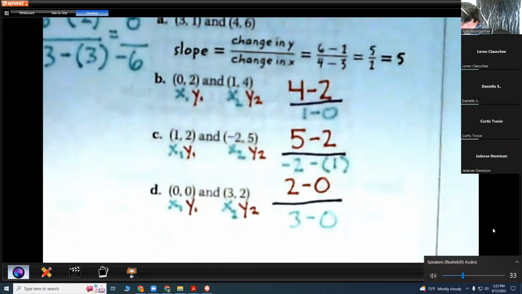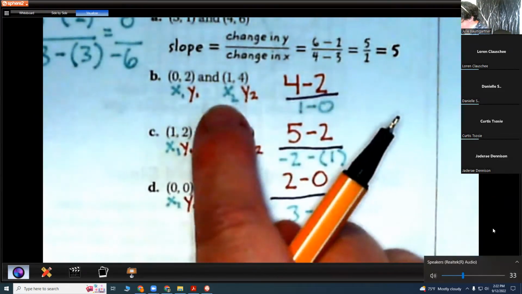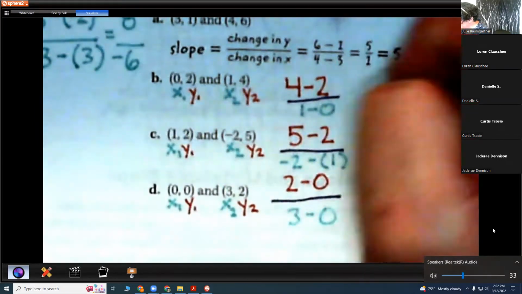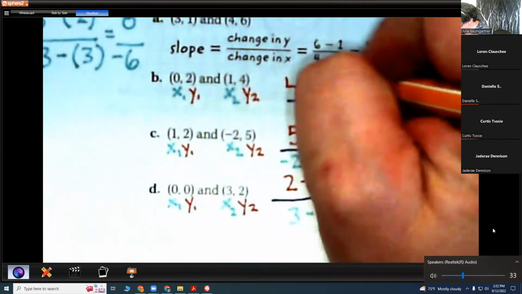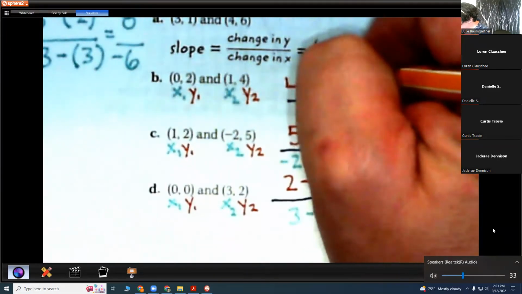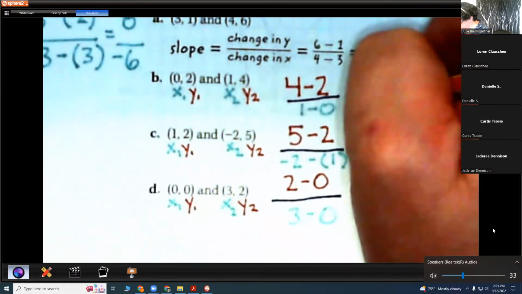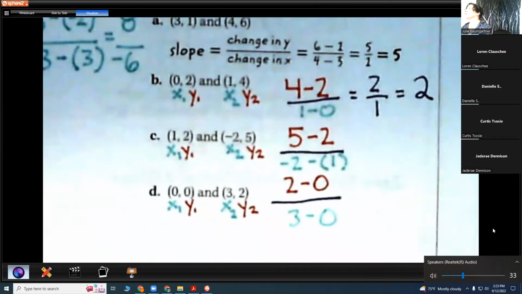B, right? We took our x2, 4 minus 2, which is 2. 1 minus 0 is 1, so our slope is 2 for B. I don't know why I'm writing two styles of 2, but apparently that's what I'm doing today.